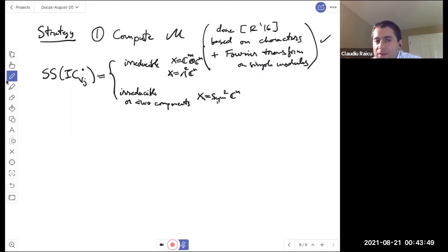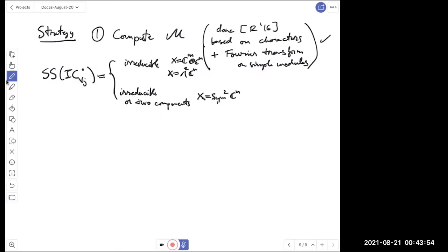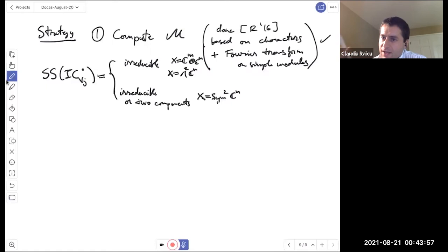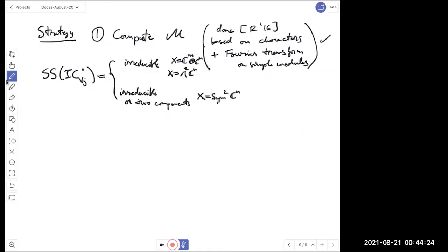And now it's an easy calculation based on the character: if you look at the character of a simple module supported on I, and you do the Fourier transform just as a representation, then you get the character of a simple module supported on n minus I. And so that leaves no room for other components in the characteristic cycle to appear. And it's regardless of whether n is n or. Okay, thank you.